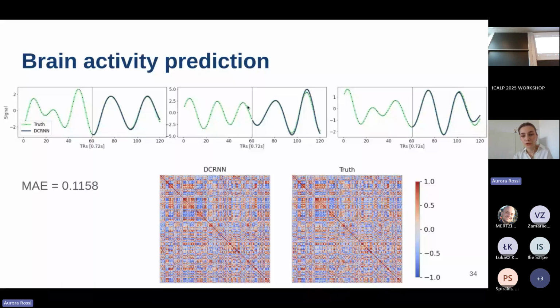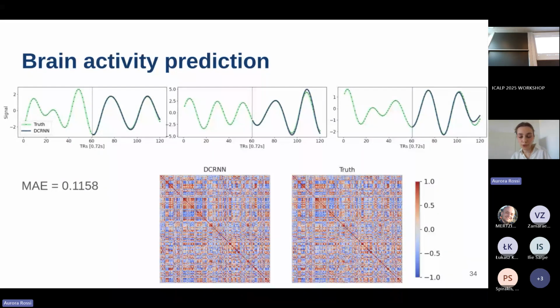And here there are 3 plots of 3 different brain areas, in which in light green there is the truth, and in the darker green there is the output of the spatial temporal model.